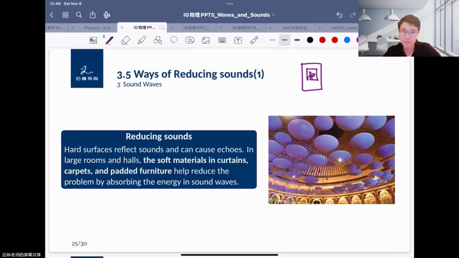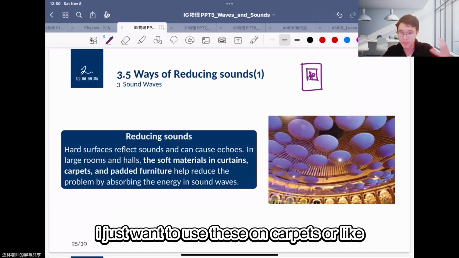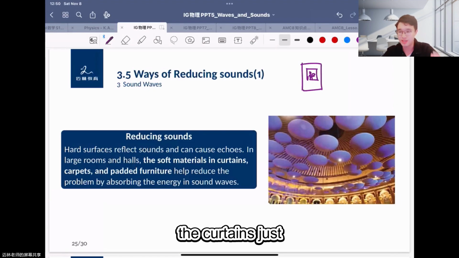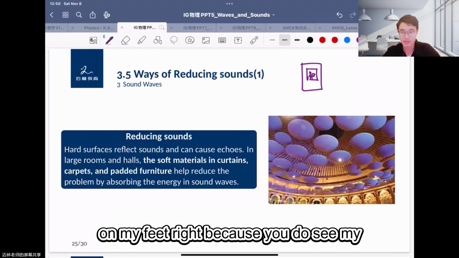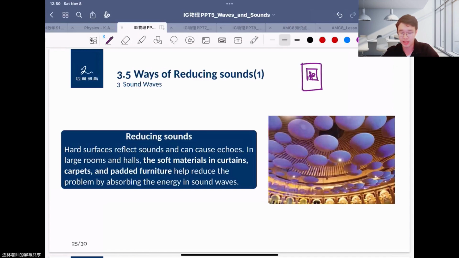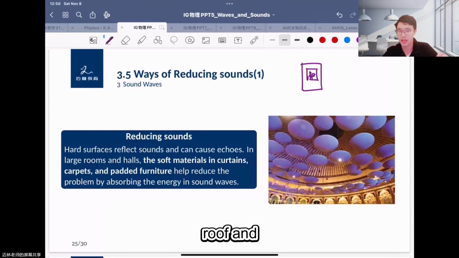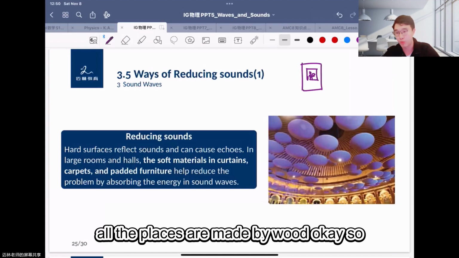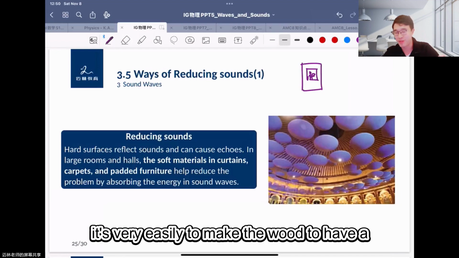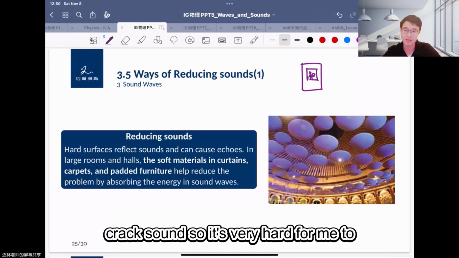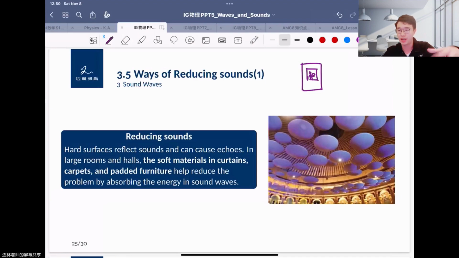So at that time, I just wanted to reduce my sound, not to let my parents hear the sound of my steps. Okay, so here I wanted to use some carpets or some curtains on my feet, right? Because you see my socks or slippers, and because my house's roof, ceiling, and floor, all the places are made of wood. So it's very easy for the wood to make a crack sound, so it was very hard for me to get the phone.